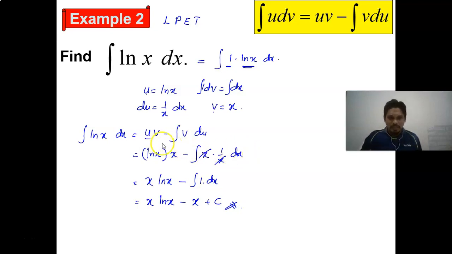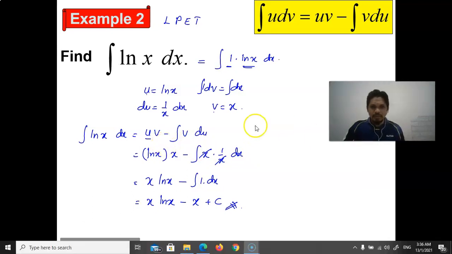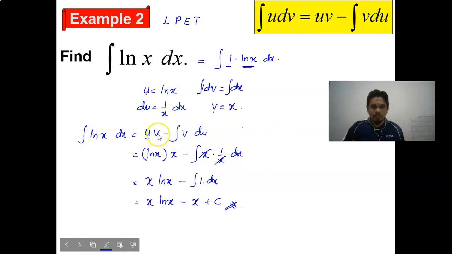Okay, if I did not use a different color between u and dv here to substitute with my explanation, I do hope that all of you understood. Where u equal to ln x, so that's substituted here, v equal to x, here the integral of v, which is x, and also du equal to 1 over x dx.